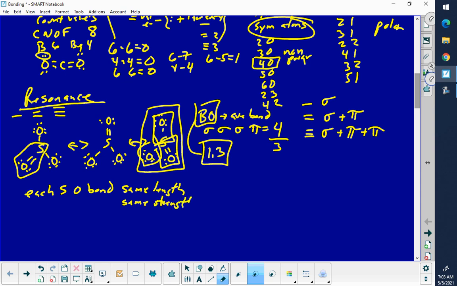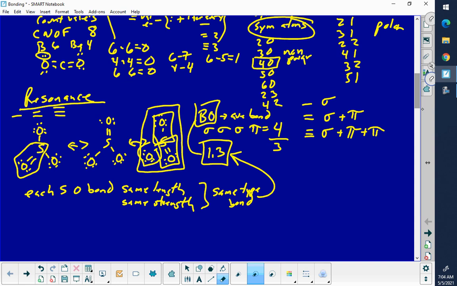Because if they say they're all the same length and all the same strength, that means they are the same type of bond. And if I have a double and 2 singles, well, that's not the same type of bond. How can I get SO bonds that are all the same? I have to use resonance, and then my bond order would be 1.3. So that's the way they can set you up.